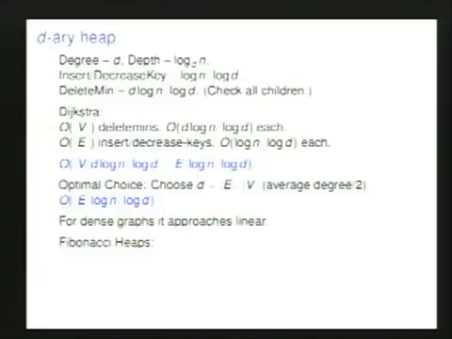So there are these other heaps called Fibonacci heaps, which have some nice properties. Again, they're log n per delete. Each delete costs log n. There's order 1 average decrease key cost. So they're very fancy heaps.